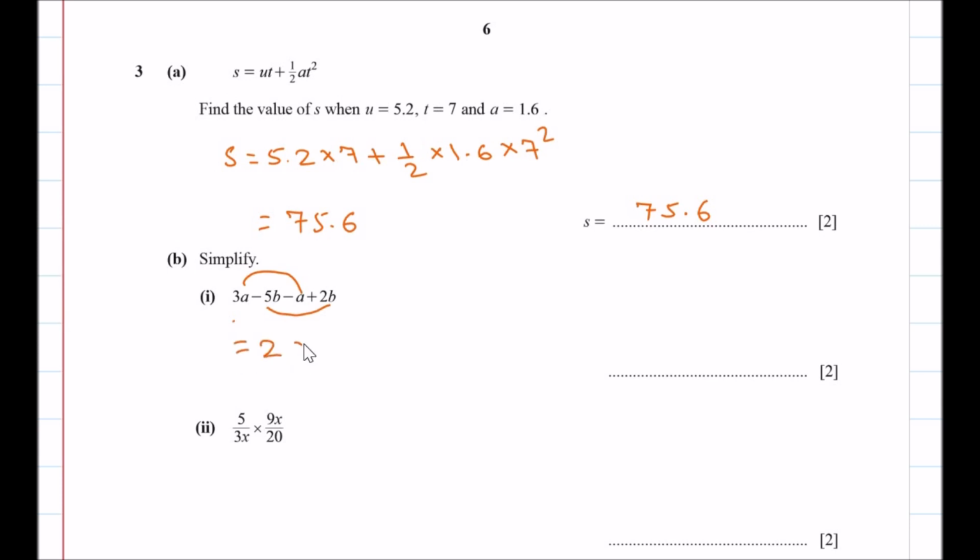So 3a minus a is 2a positive, and minus 5 plus 2 gives us negative 3, so negative 3b. So our answer is 2a minus 3b.